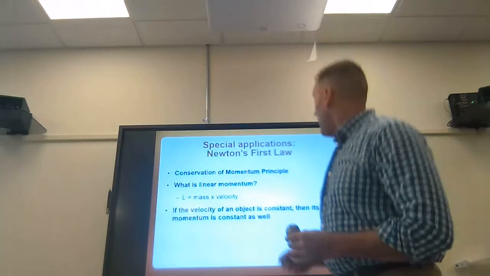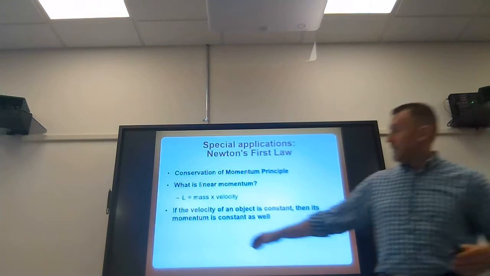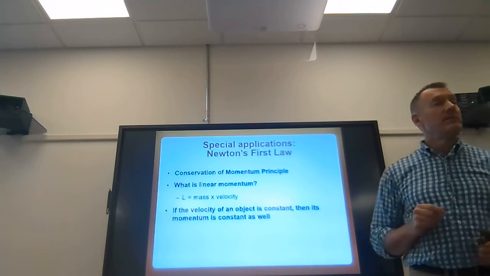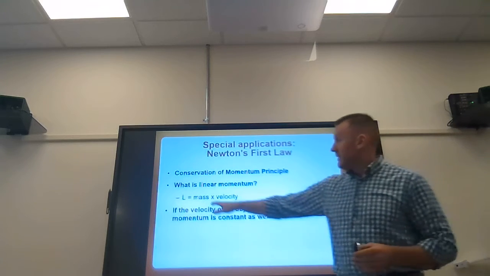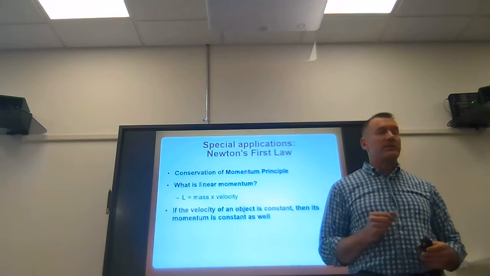So if the velocity of an object is constant, then its momentum is constant as well, because mass doesn't change.